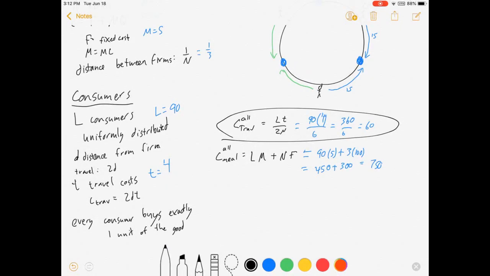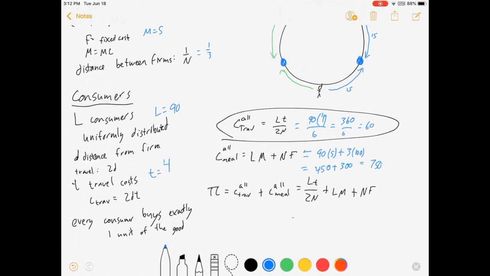I would build my total cost function equal to C, the travel cost for everybody, plus the meal cost for everybody, equal to LT over 2N plus LM plus NF.